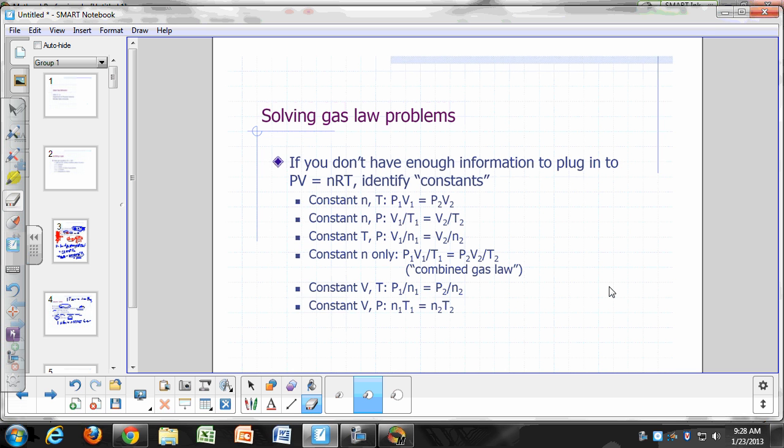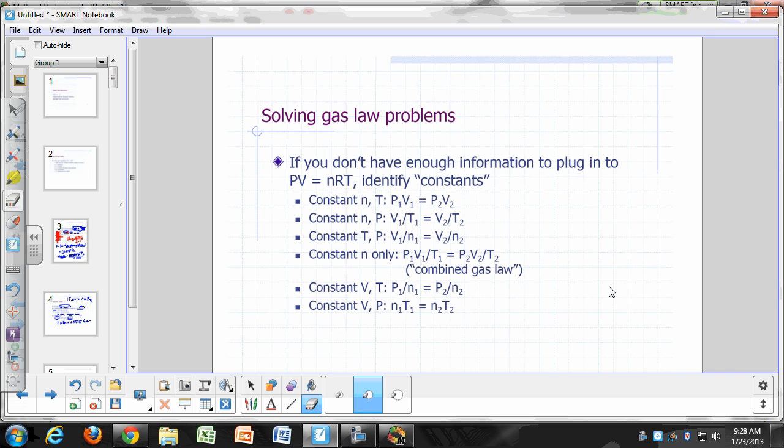If that is the case, a good strategy is to identify quantities that are being held constant, because usually you're dealing with cases where there's a change in one quantity. You figure out what the change in the other quantity is.